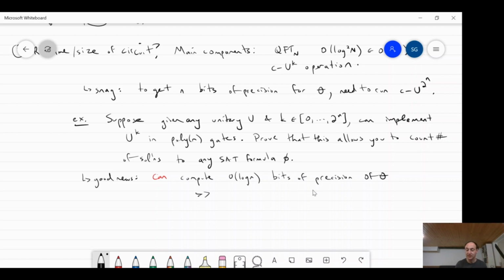Let me be slightly more precise: we call this estimate theta tilde, and 0.theta is equal to 0.theta_1 up to theta_log n. So if you just truncate after the first log n bits, how big can this error be?